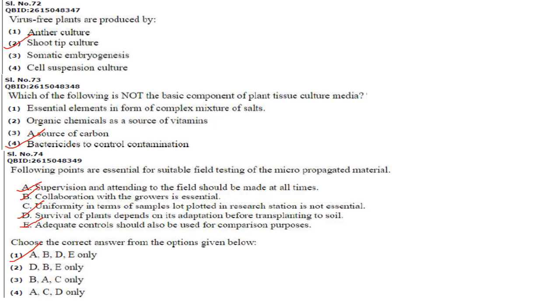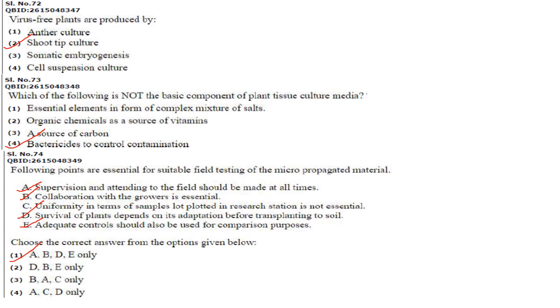Next one. The following points are essential for suitable field testing of the micropropagated plant. Supervision and attending to the field should be made at all times. Yes. Collaboration with the growers is essential. Yes. Uniformity in terms of sample or plot in the research station is not essential. That is incorrect. Survival of plants depends on its adaptation before transplanting to soil.